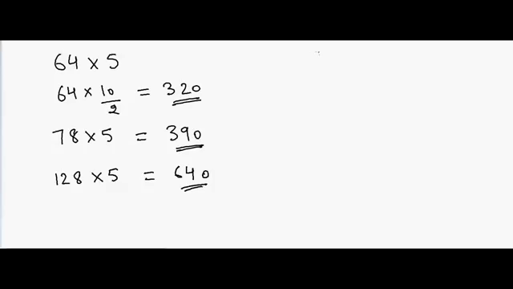Another trick is to multiply by 25. If I have to multiply 64 by 25, then we can write this as 64 into 10 by 2 into 10 by 2. So we have to take half of 64 two times.